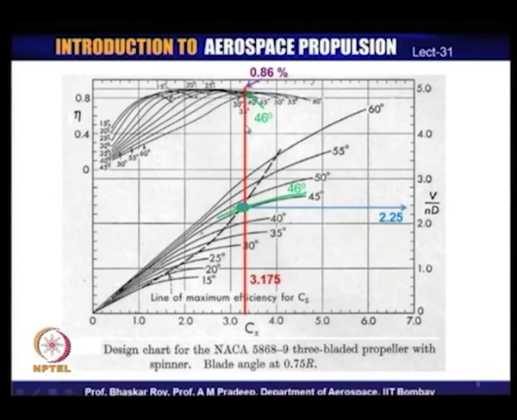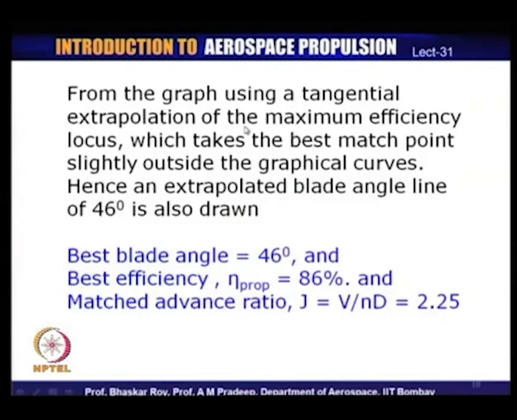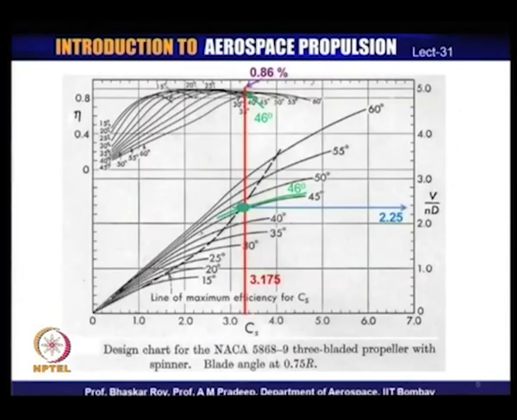Okay, let us proceed with this problem solving. We get the solutions, which is let us say the best match point, and as a result the extrapolated blade angle, you can see that it does not fall on one of the lines. So, you need a slightly extrapolated line, which is a 46-degree line. It is somewhere between 45 and 50 and close to 45.